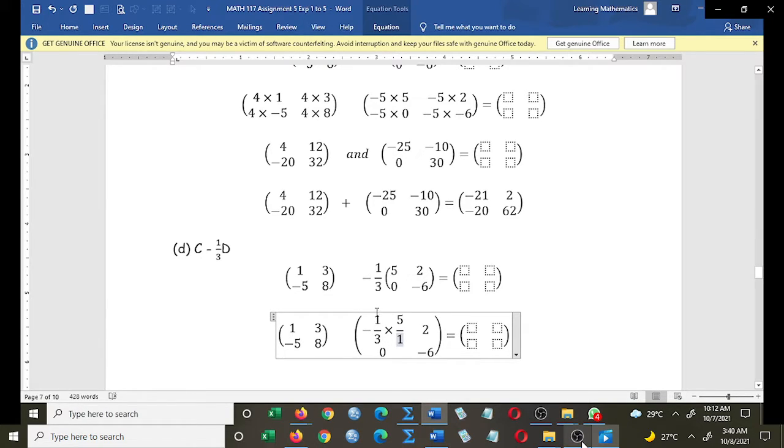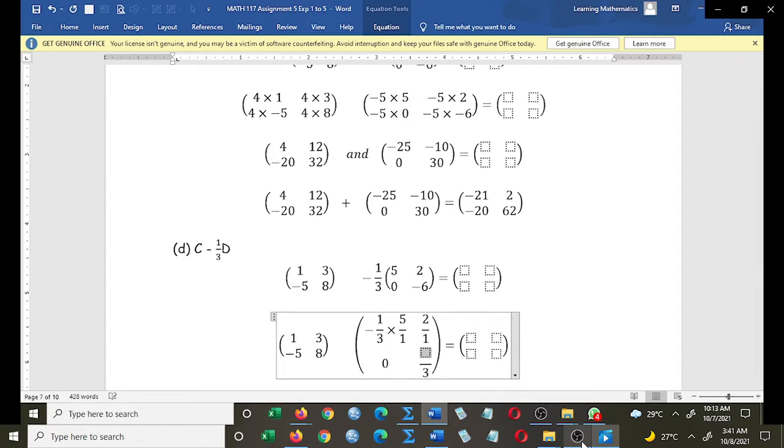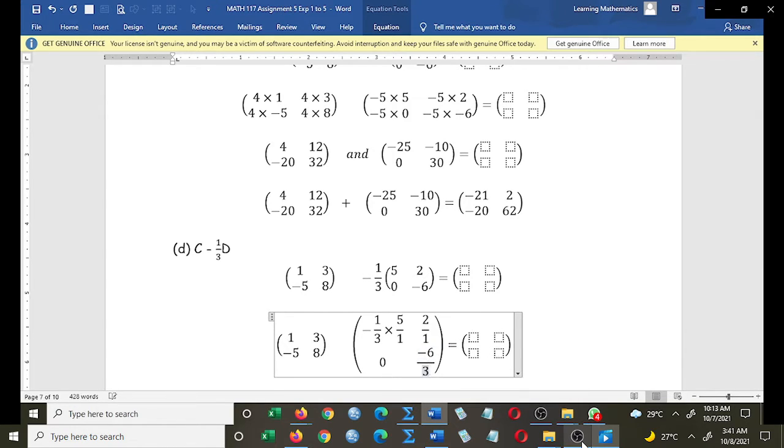So you multiply a fraction, so it's good to make the whole number look like a fraction. Let's make all of them look like a fraction. 2/1, right? 0 stays 0, 0/1. What number was there? Negative 6? Negative 6 over 1.